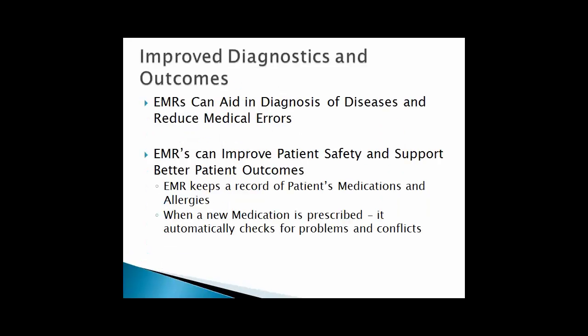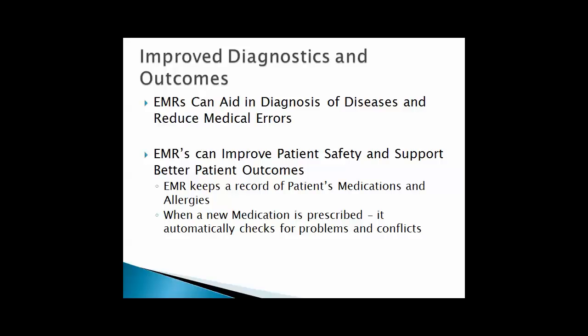Now I want to talk about improved diagnostics and outcomes. EMRs can aid in diagnosis of diseases and reduce medical errors. It's very important. EMRs also can improve patient safety and support better patient outcomes. EMRs keep a record of patients' medications and allergies, and also look for conflicts.